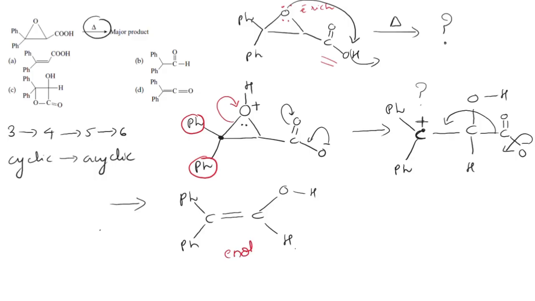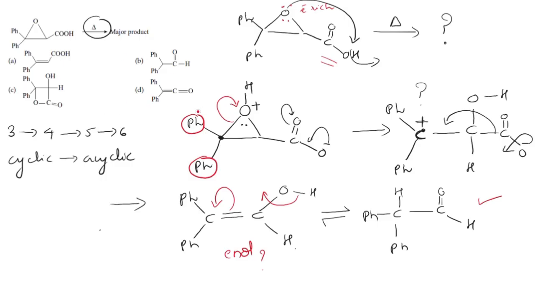This is enol. Can enols be stable? No, enols will always undergo tautomerization. So, tautomerization is always in dynamic equilibrium. So, how can you write this? Look at this. So, this is aldehyde. Therefore, you can call this keto-enol tautomerization. So, what will be the product now? The aldehyde is the final product.